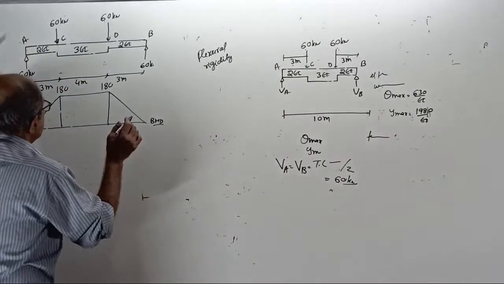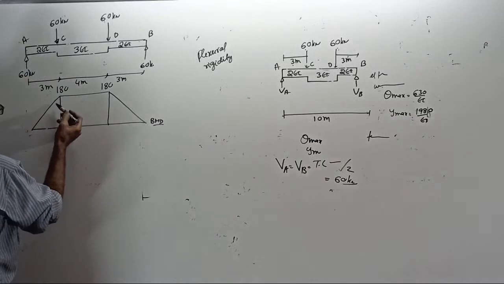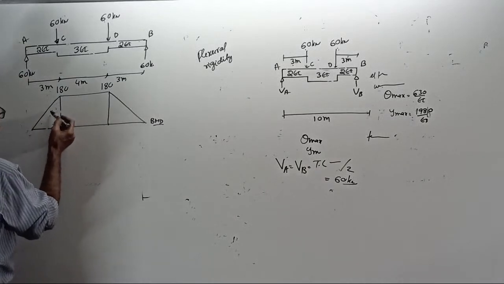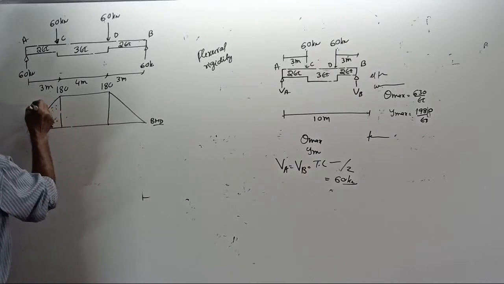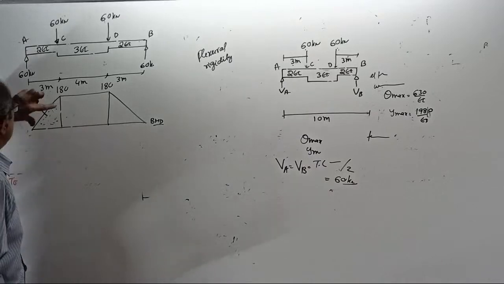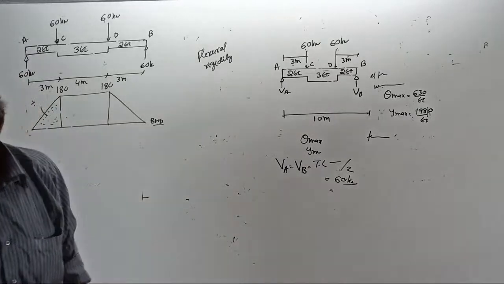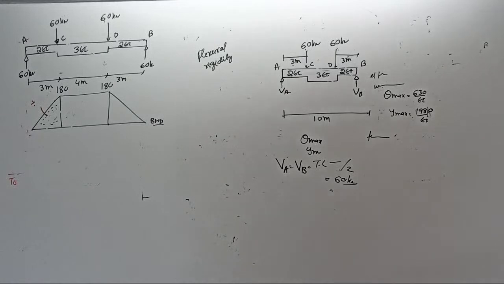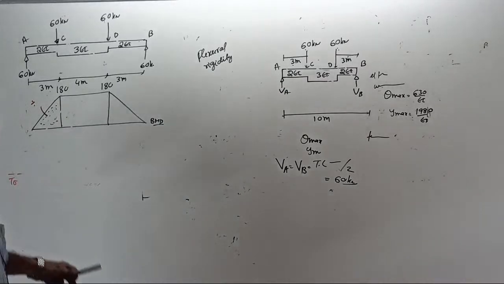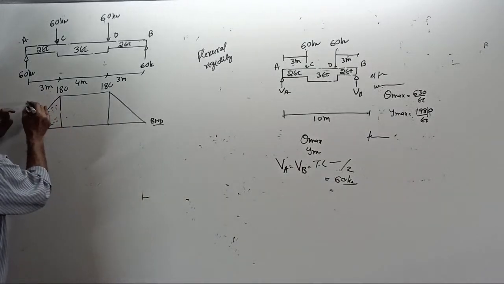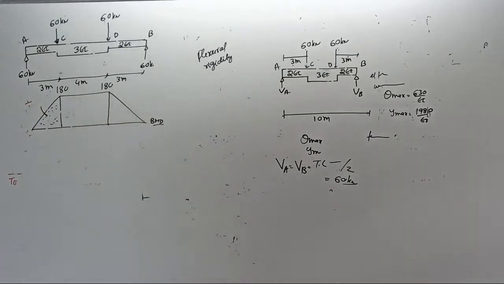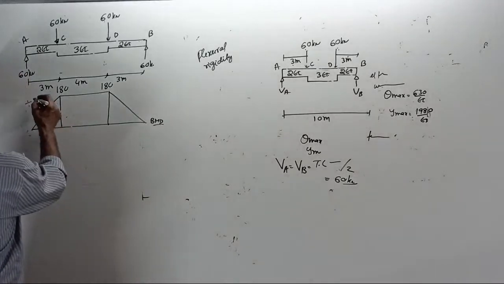Okay, start. Now remember, anything you do for this area, divide by how much? When you draw BM by EI, if you calculate anything for this portion, you should divide by 2EI, remember, 2EI.